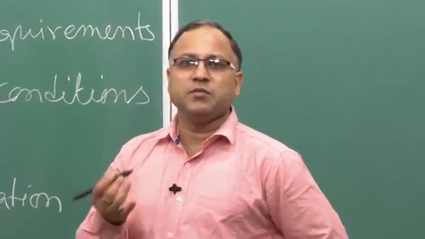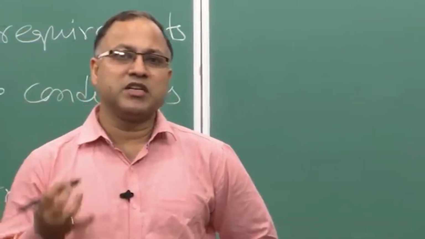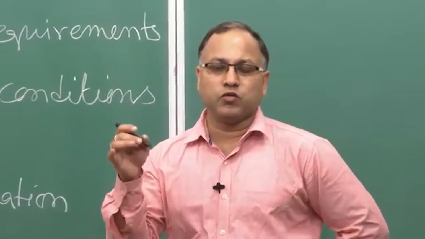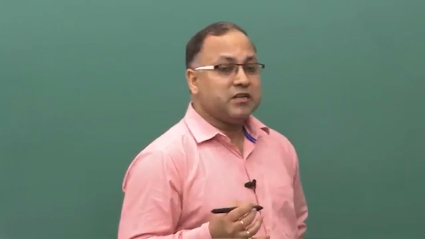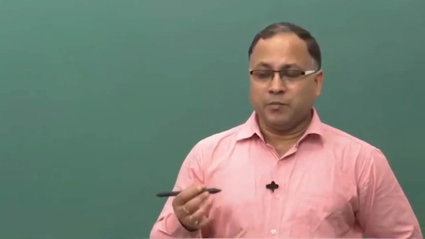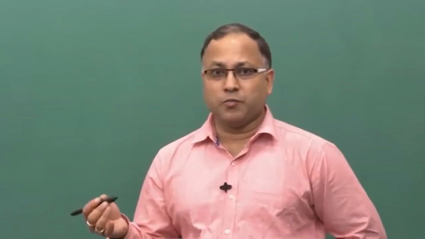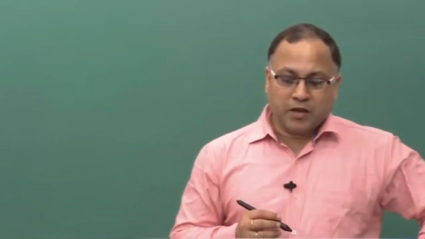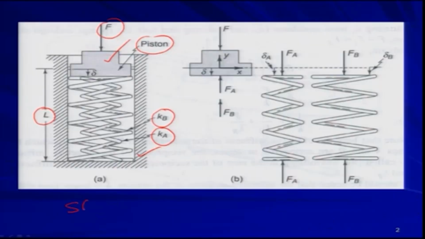This sharing will come into the picture, and the externally applied force F will be shared as per the property of each spring. So, say the share of spring A is the force Fa and the share of spring B is Fb.